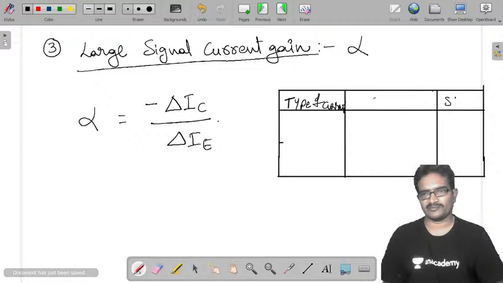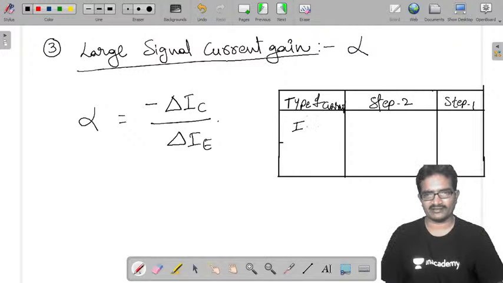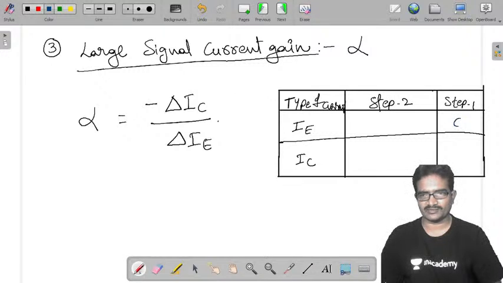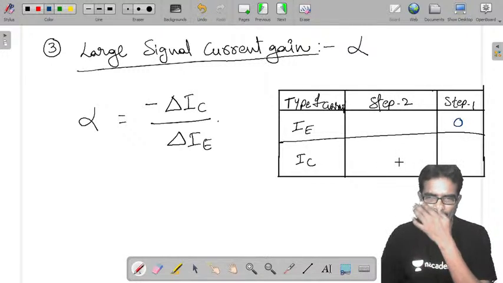In step 1 and in step 2, what we get. Type of current, first I am taking the input current IE, second I am taking the output current IC. In step 1 emitter current is 0, because emitter is open circuited in step 1.